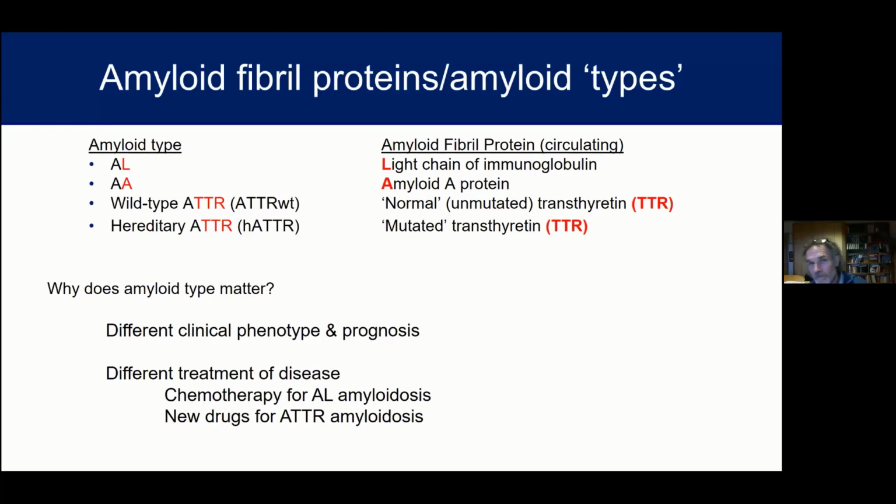Why do we worry about the amyloid type? Well, basically, these different types of amyloid have very different clinical phenotypes and different prognoses, and they're treated completely differently. So it's essential in every case of systemic amyloidosis to determine what type of amyloid one is dealing with in order to treat it appropriately.